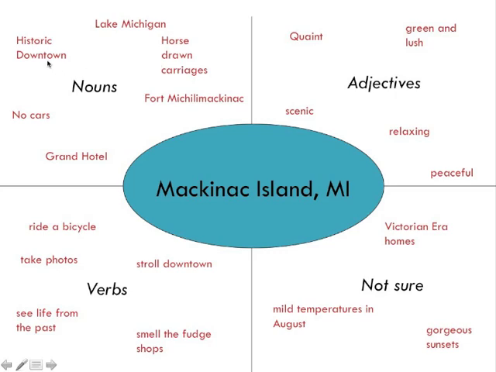It has a nice little historic downtown with lots of little candy shops and places to shop and restaurants. But it also has some historic places like Fort Michilimackinac and the famous Grand Hotel. Now notice, when I looked at each part of speech, I tried to think of specific words and ideas that really helped define what my belief, my idea or opinions about this place were.